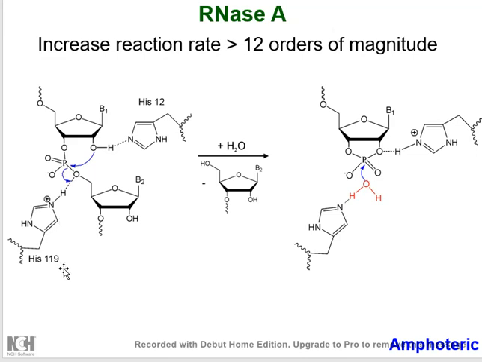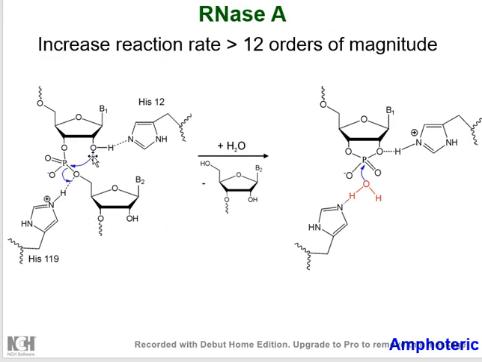On the other hand, histidine 119 is protonated. You can see positive charge on it, and it can donate proton to 5' oxygen of second nucleotide and make this nucleotide a good leaving group.